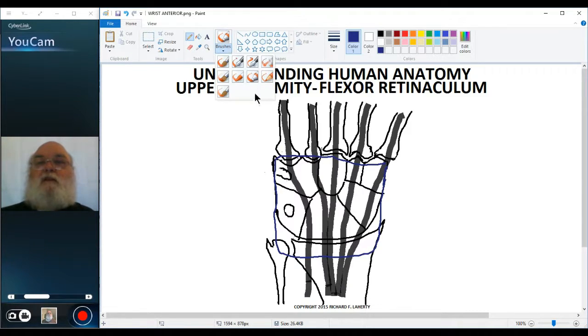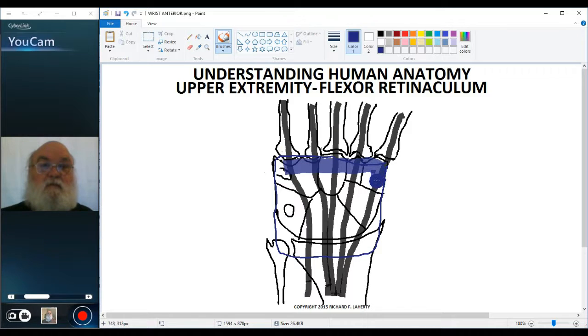And it's kind of hard to see like that, so let me color it in. Like so.